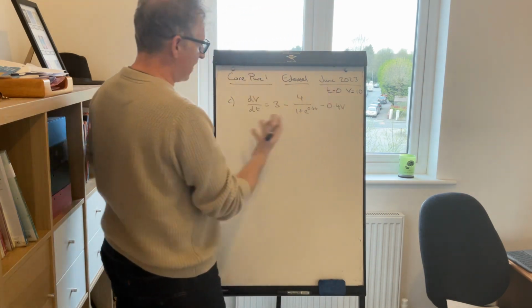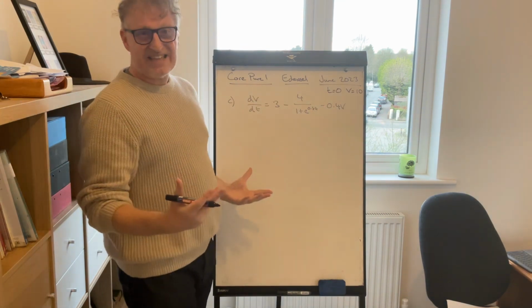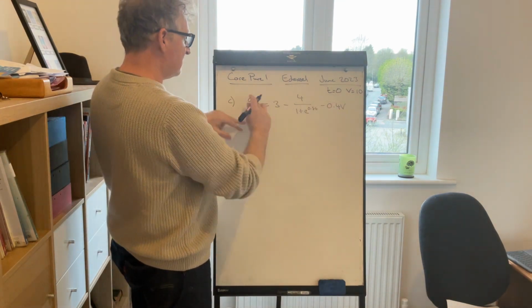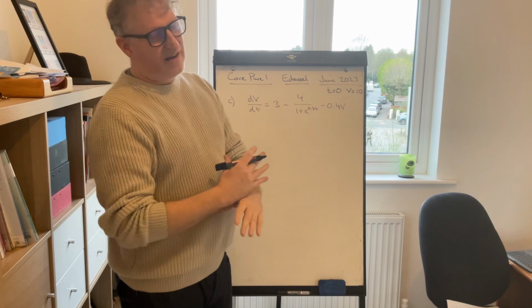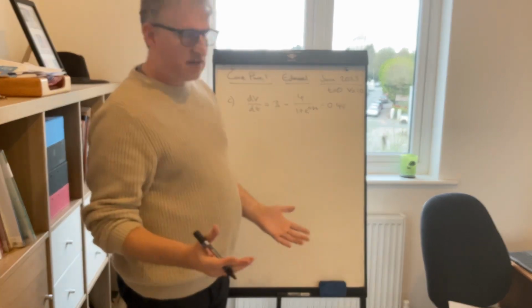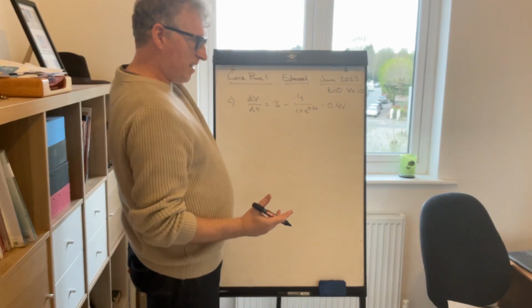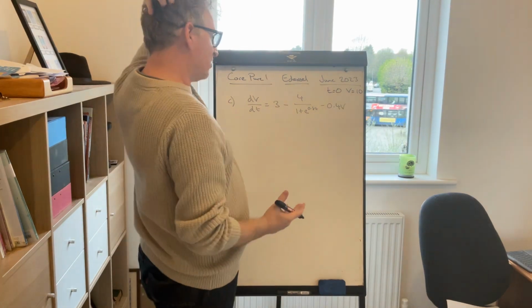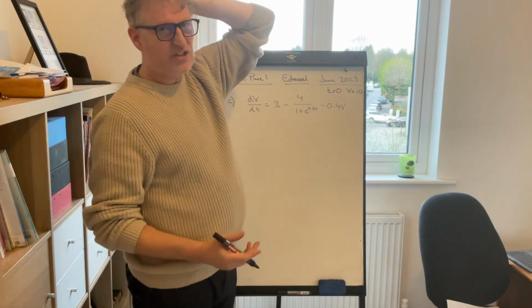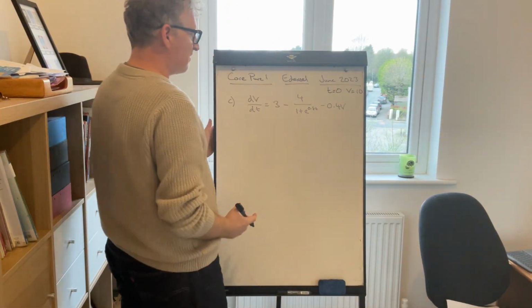So first order, you can't separate it out because we can't get the v's over there and the t's over there. And you wouldn't expect that really with a further maths differential equation. We should be thinking integrating factor.